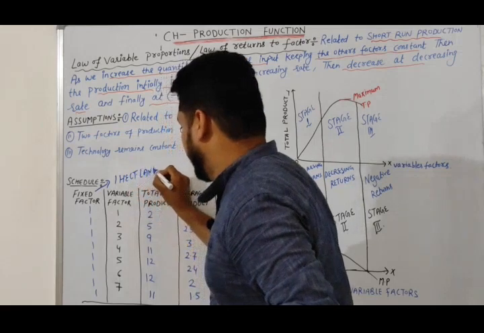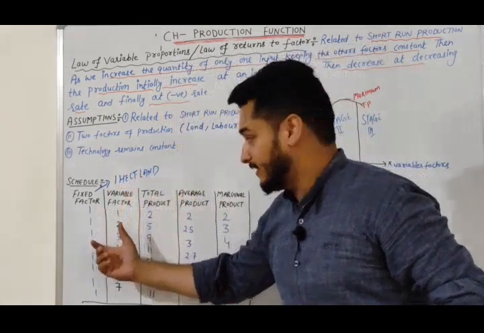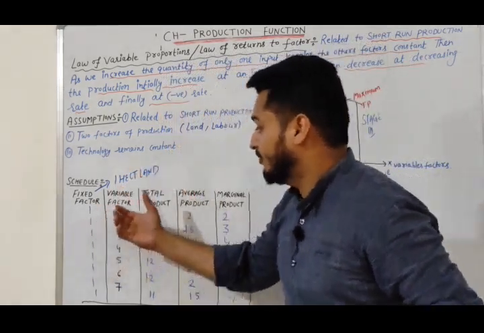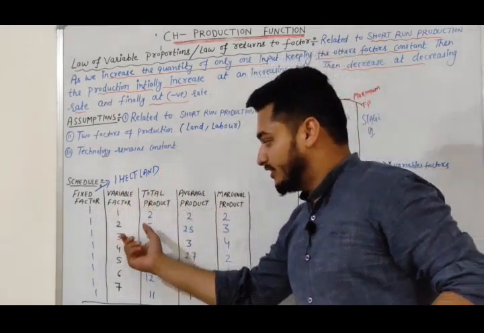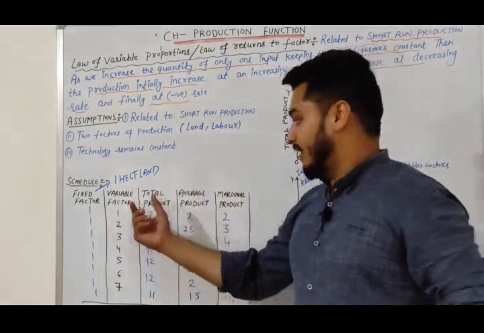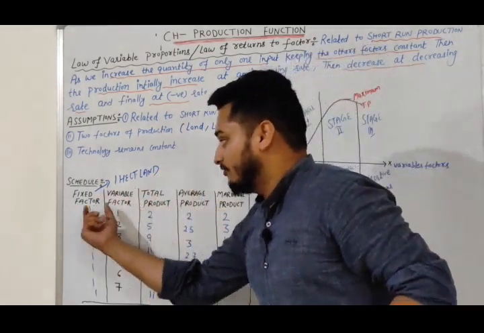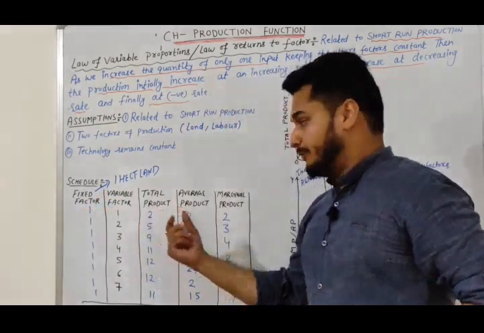Land. We have only 1 hectare of land. It's our fixed factor. On the fixed factor we increase the variable factor, labor, from 1 to 2, 2 to 3, 3 to 4, 4 to 5, and our total product is increasing. When our labor is 1 on the fixed factor, 1 hectare of land, our total product is 2.